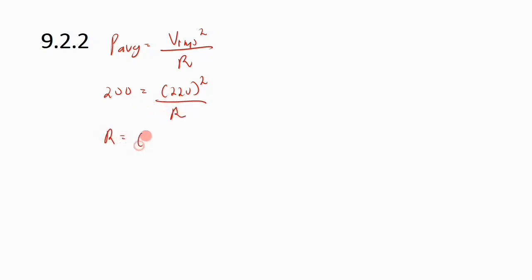So P average equals V RMS squared over R. The average power is 200, and here we have 220, you square that, over R. It's just a matter of cross multiplying: 220 squared over 200. This will give us 242 ohms. If you punch your calculator, you have yourself a good 3 marks.